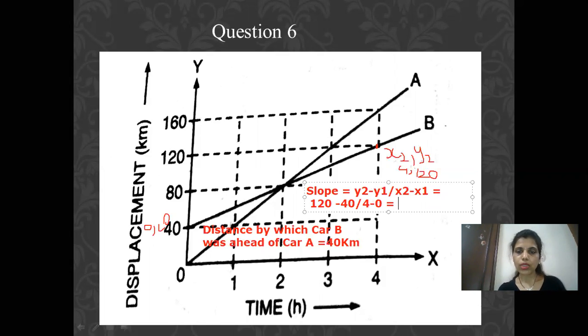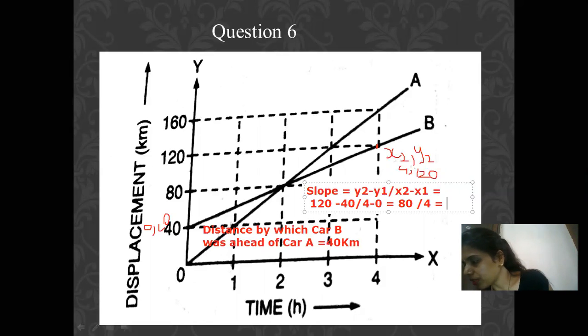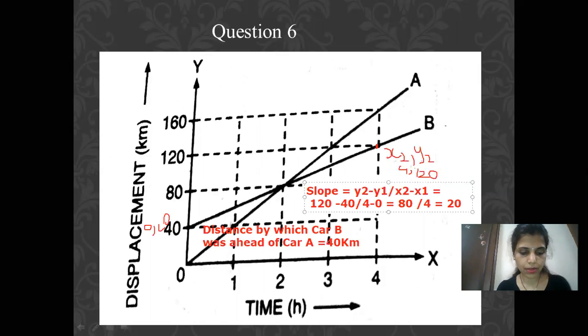So that is equal to 120 minus 40, which is 80, upon 4. So that is equal to 20 kilometer per hour. So for B it is 20 kilometer per hour, so h raised to minus 1.